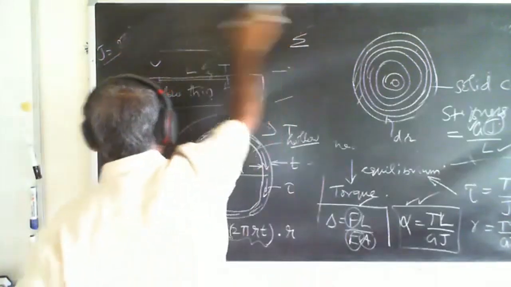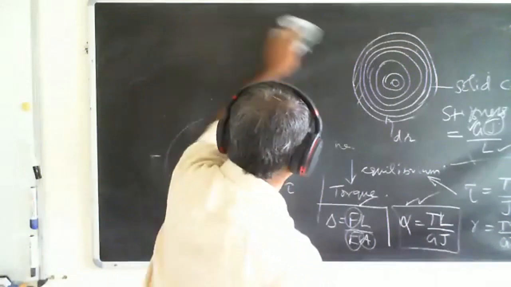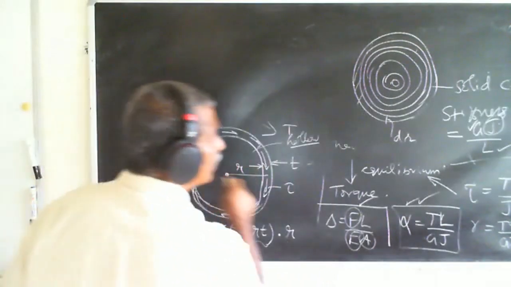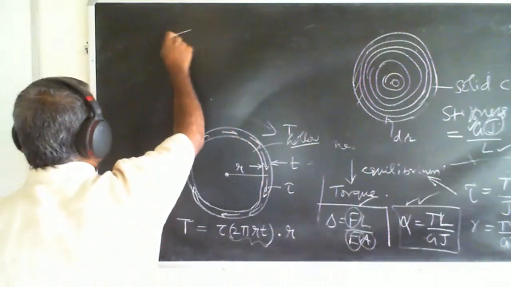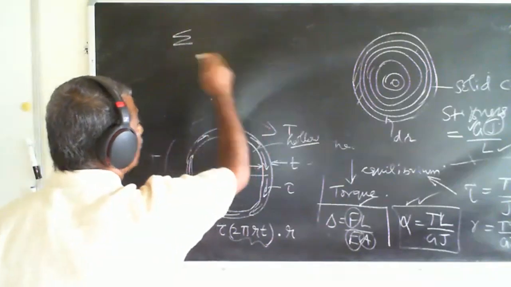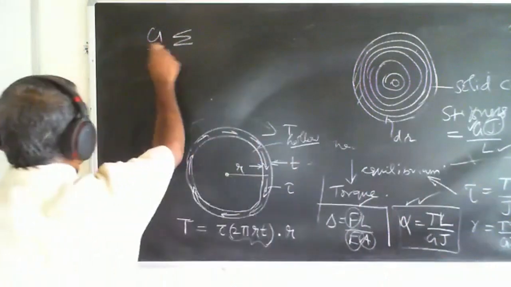So if I have to add all the stiffnesses, I want you to do this working in the class. I need to now add all the stiffnesses. So summation, right? Summation, help me out here. G I can take out, right? L I can take out.